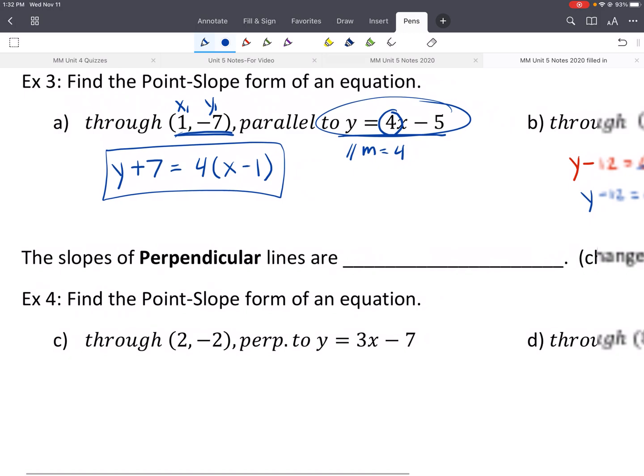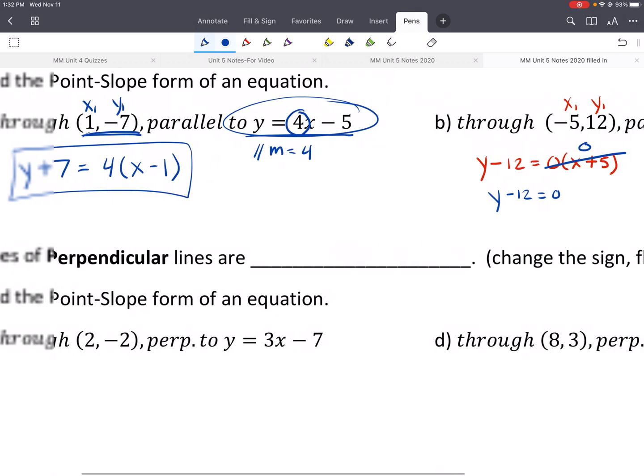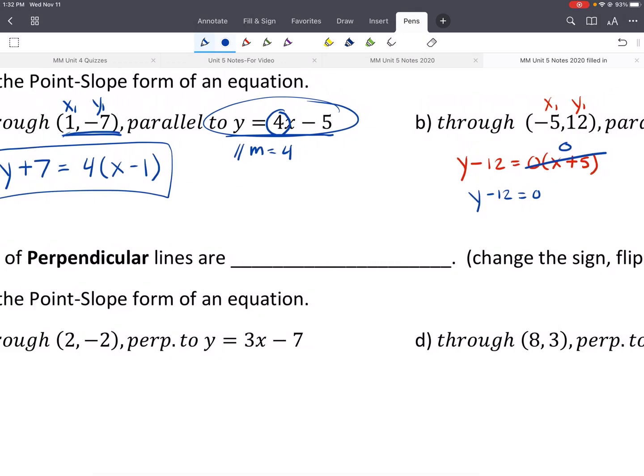All right? The slopes of a perpendicular line are negative reciprocals. Gosh, it took me a second. Negative reciprocals. Okay? So negative, I think you're good with negative, right?